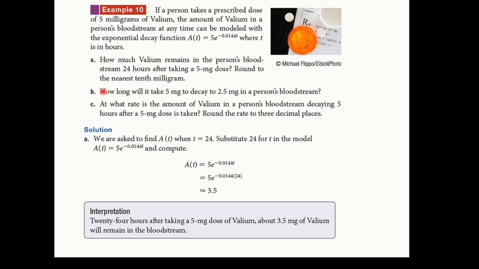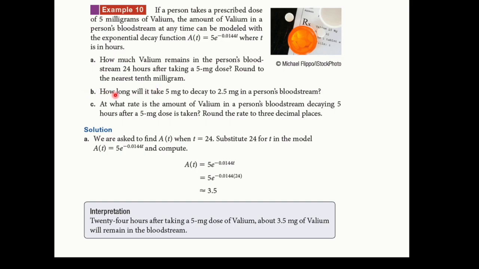So we have 3 questions to answer about this. The first question is, how much Valium remains in the person's bloodstream 24 hours after taking a 5 milligram dose? So we start with 5 and 24 hours passes and we want to see what's left in the bloodstream. So for this one, we just need to plug in 24 for t.